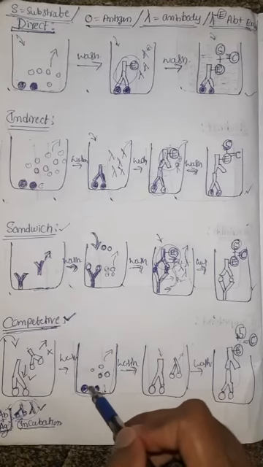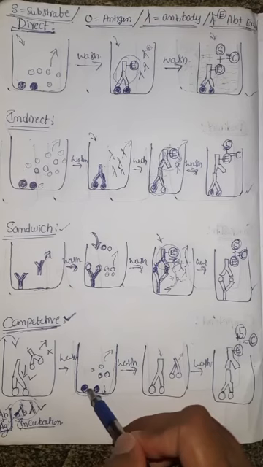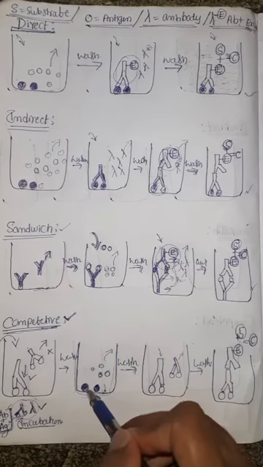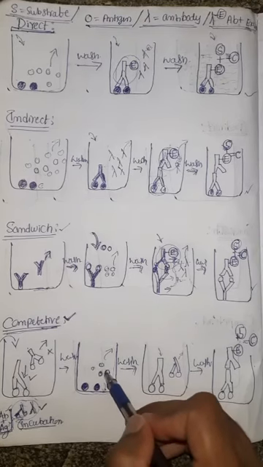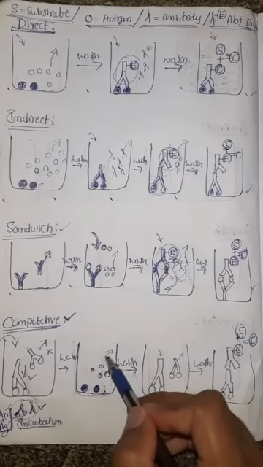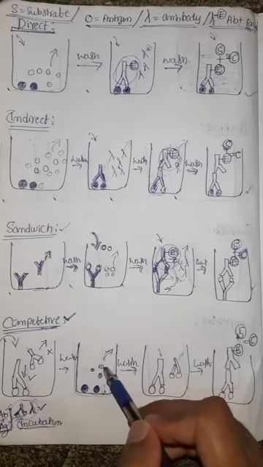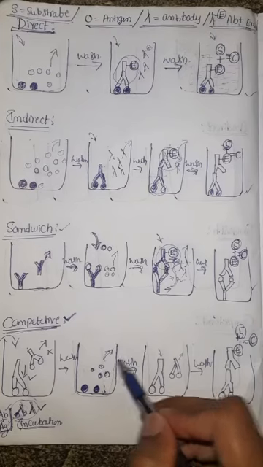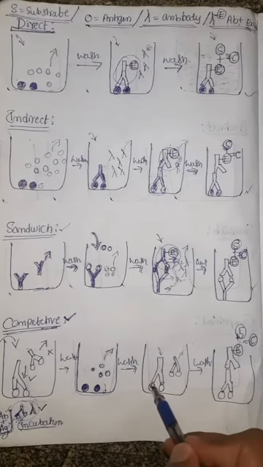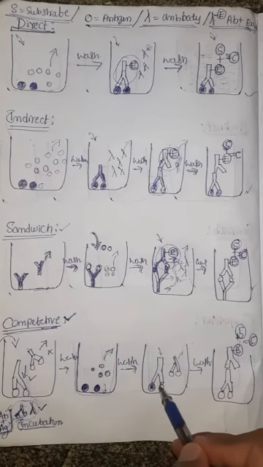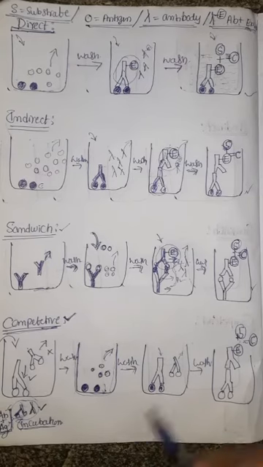After some time a few particles will be bound or attached to these solid surfaces, the remaining are free. In the washing step we have to discard these unbound antigens, so that only the bound antigens will be present on the well surfaces.